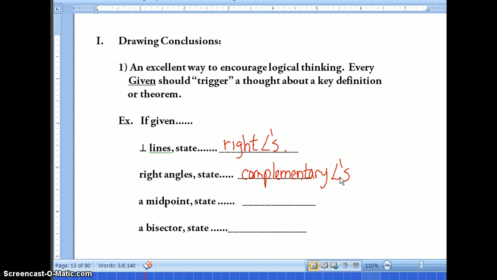If you are given a point as a midpoint of a segment, you should be able to state that you have congruent segments. And if you are given that an angle is being bisected, or that a ray is a bisector of an angle, you should be able to state that you have congruent angles. These are some of the things that we've worked on. Of course, you have plenty of theorems and postulates and definitions.